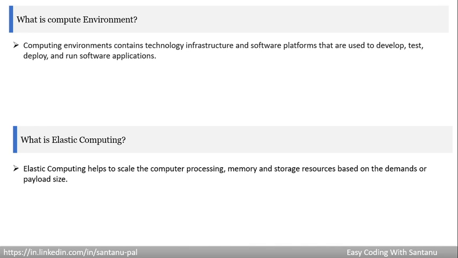If the demand goes down, then elastic computing will automatically decrease the computer processing, memory and storage. It helps to control the hardware infrastructure, saves cost on the customer side, and obviously can help to increase the system performance, and it can also increase the governor limit as per each system.